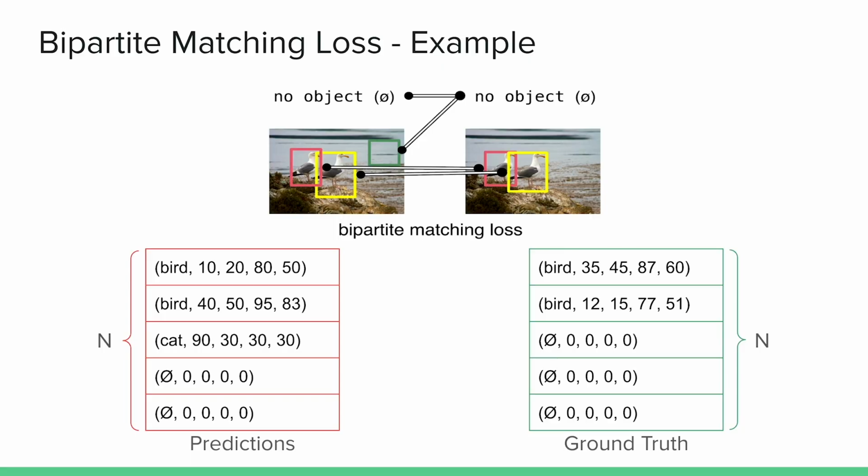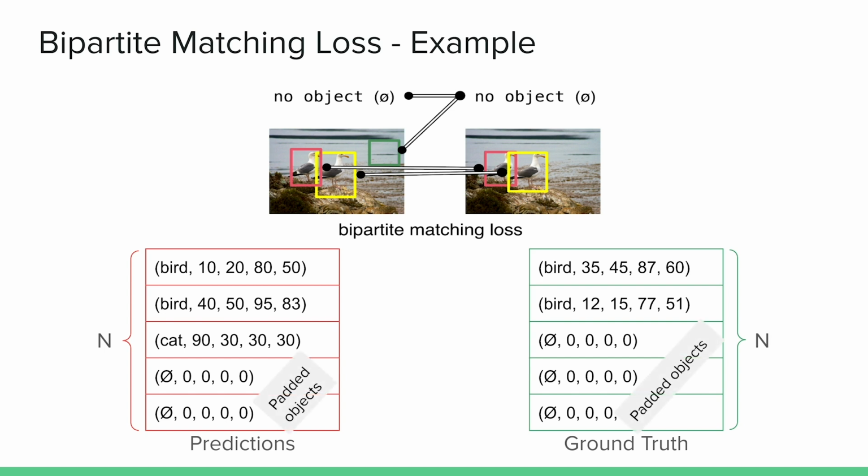So coming back to this bipartite matching loss example, given that image here, we have two birds, and our algorithm predicted a third object in the top right of that image. For example, it said, well, there is a cat over there, even though there is no cat. What we have now is our set of predictions and our set of ground truth boxes with our class labels.